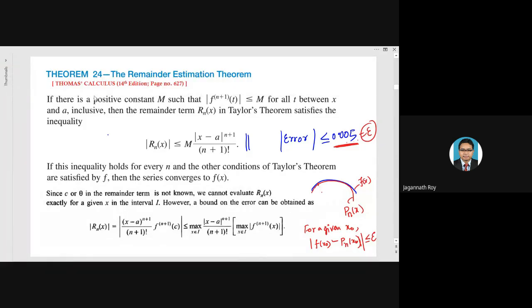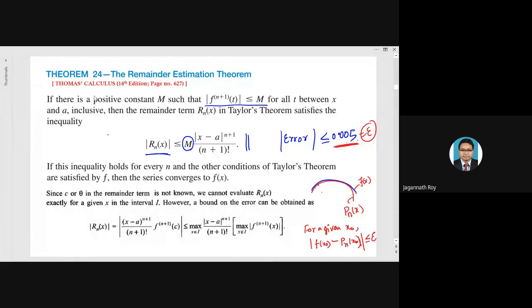Now the formula for finding the error is this one. The remainder term Rn(x) is bounded using M, the bound for the (n+1)th order derivative.